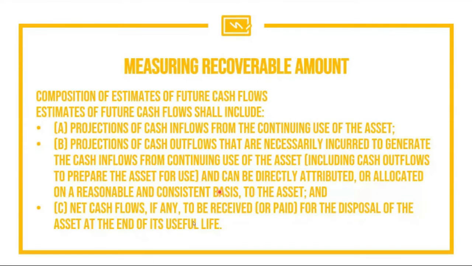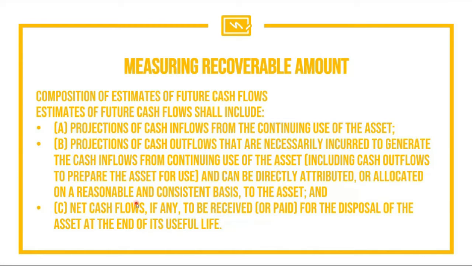To emphasize again, when we get cash flows A, B, and C, we are not supposed to consider any cash flows from enhancements, improvements, or uncommitted cash flows. We are not supposed to include cash flows from financing.